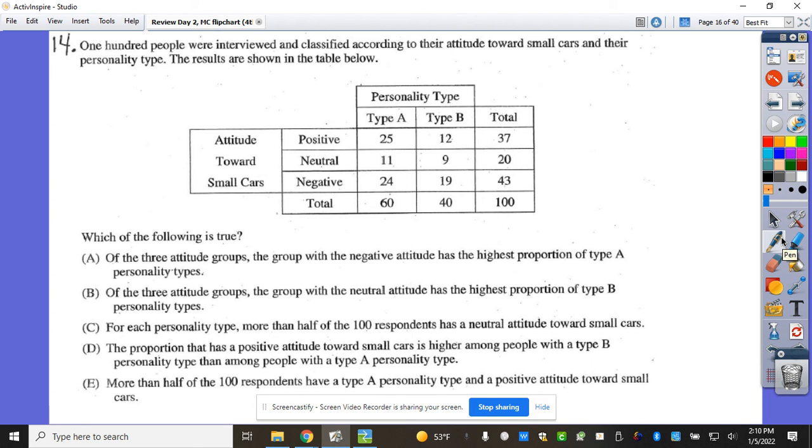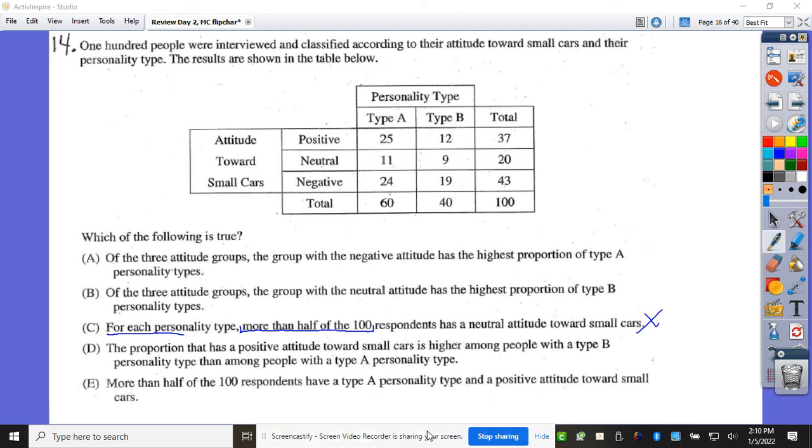So part C down here says more than half of the 100, which means 50. For each personality type, there were 50 that had a neutral. Well, that means both of those have to be 50, which is not correct.